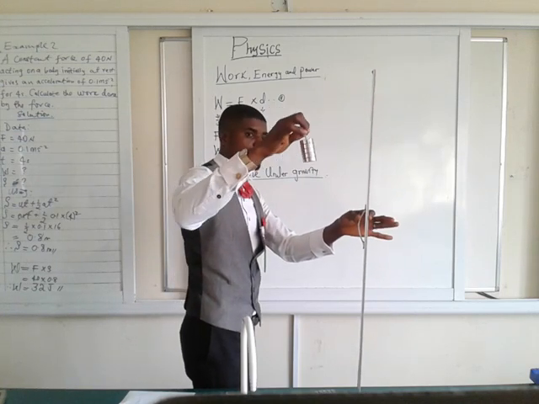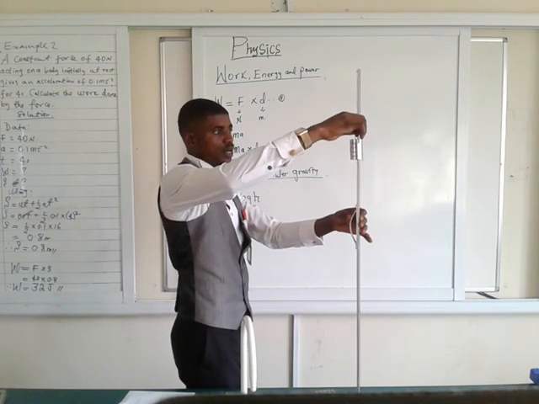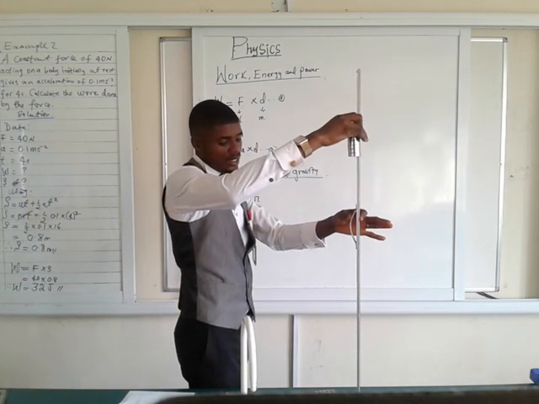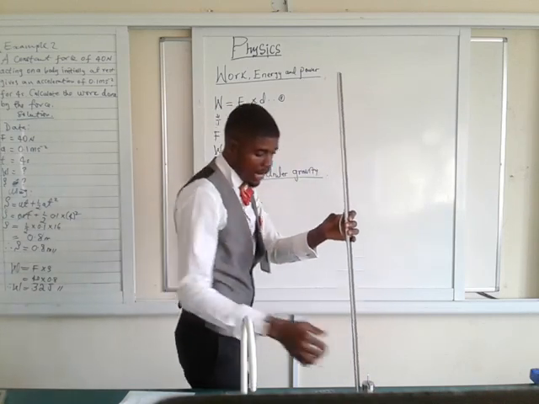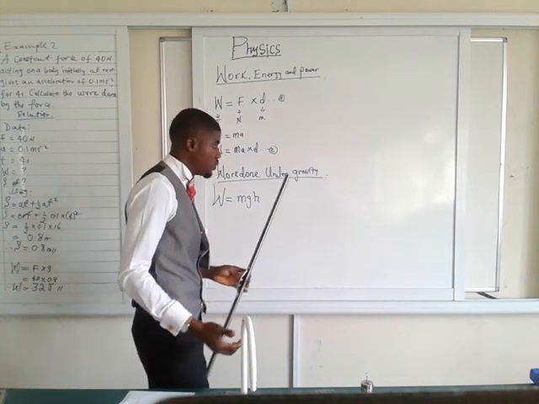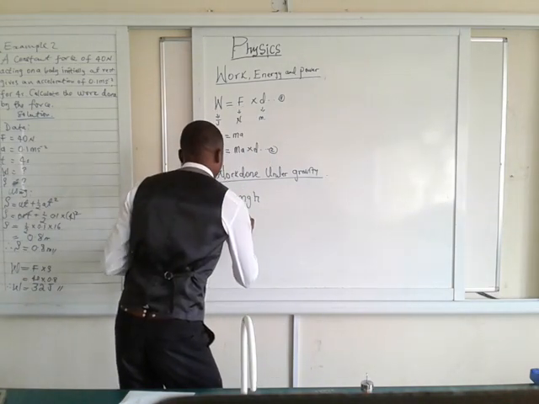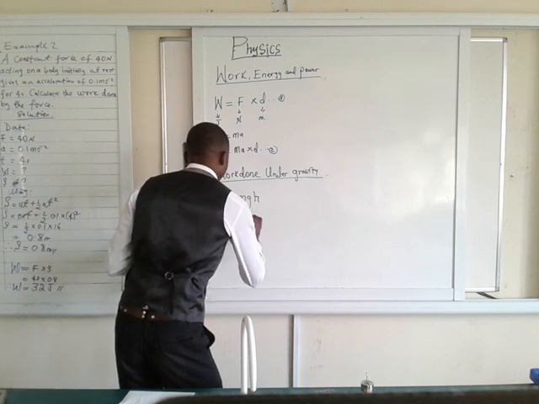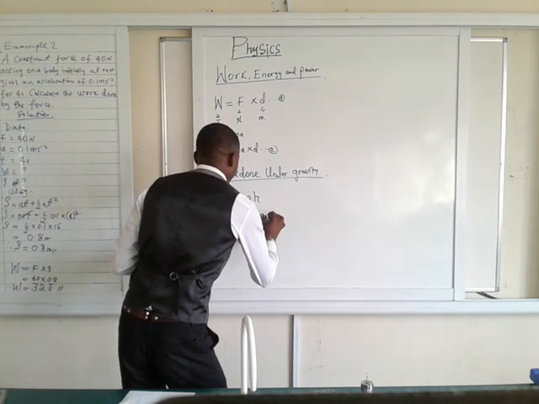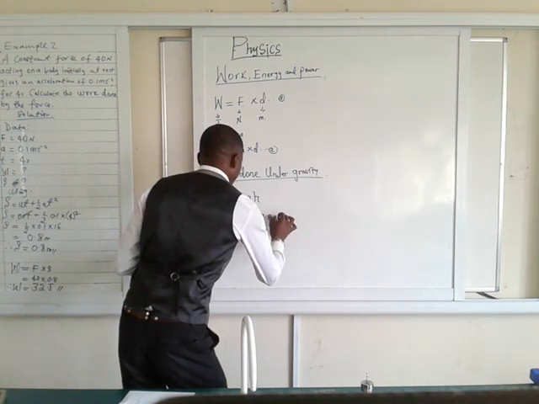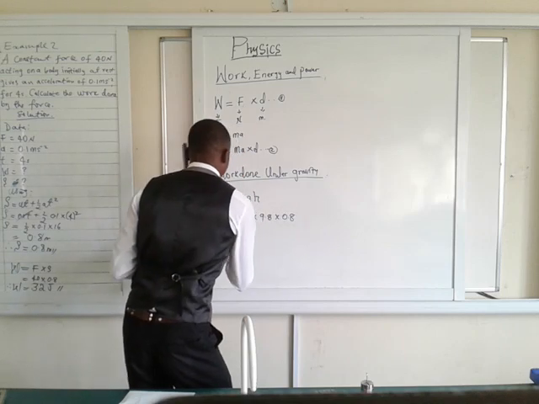Convert to kilogram, you have 0.5 kilograms. Lift it up to a height of, let's say, 80 centimeter, that is 0.8 meters, times the value of acceleration due to gravity in this school, that is 9.8. You have W is equals to 0.5 times 9.8 times 0.8.